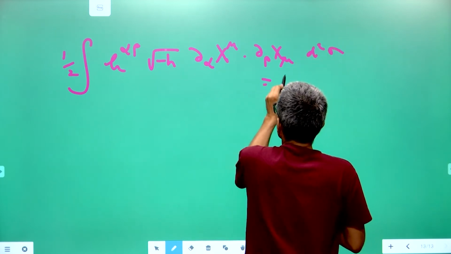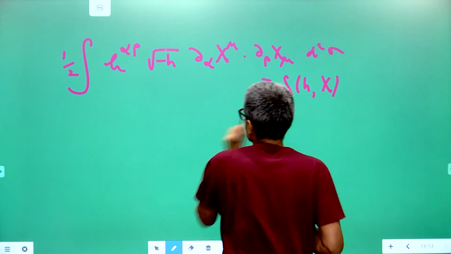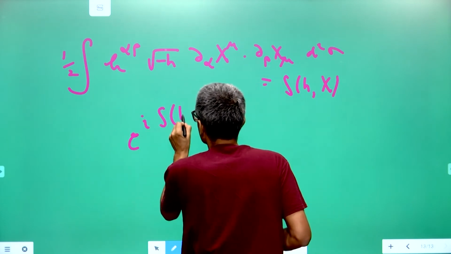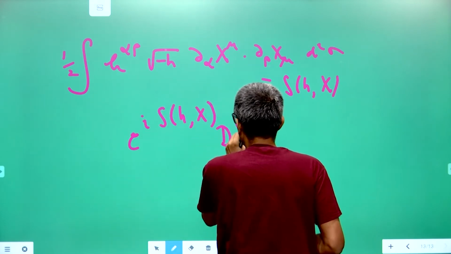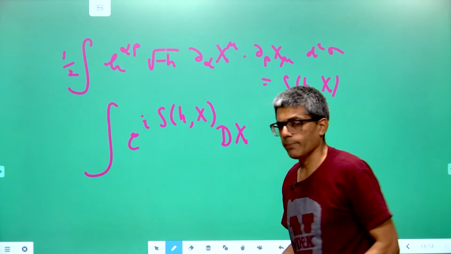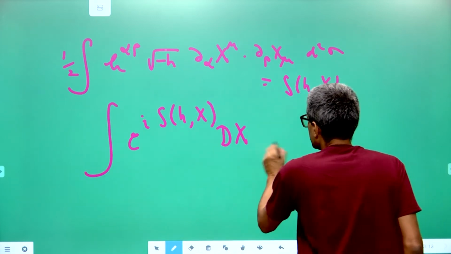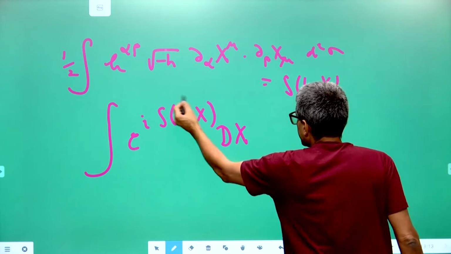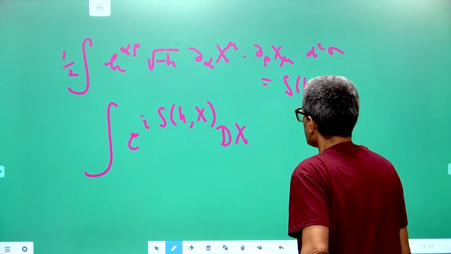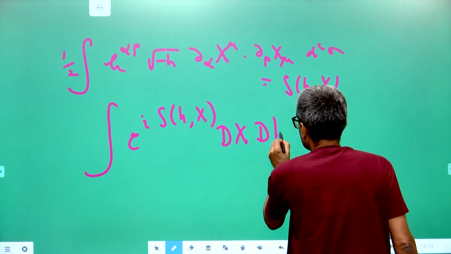S is a function of h and x. I consider e power i S of h and x, dx, this path integral without integrating over the metric, and I substitute that identity into it and then integrate over h. I want to compute basically this path integral.